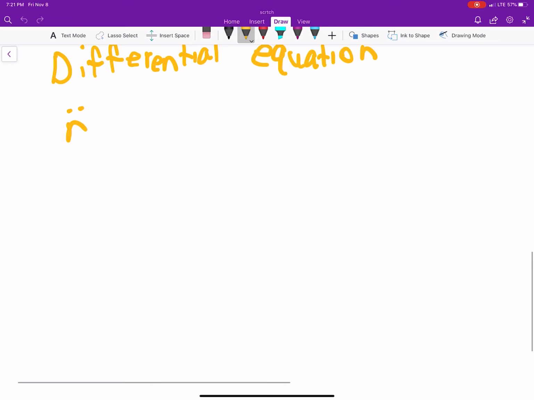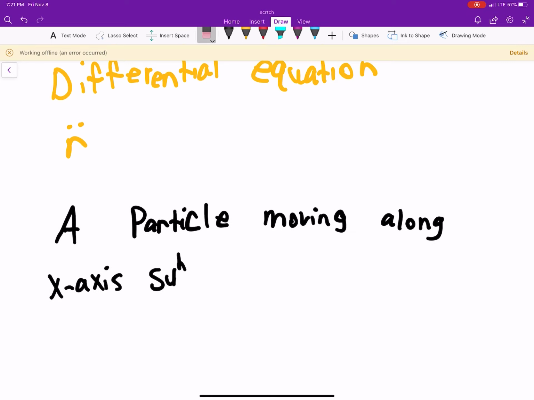So let's look at an example of a differential equation. There's a lot of ways of solving this, but we're going to do a very easy one. So this one is a particle moving along the x-axis. Oops, jumped on me.